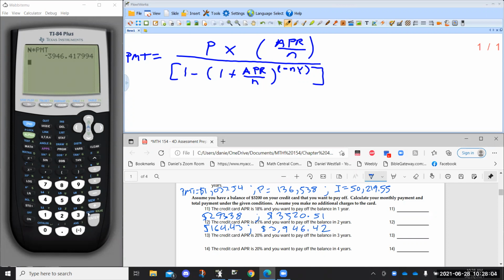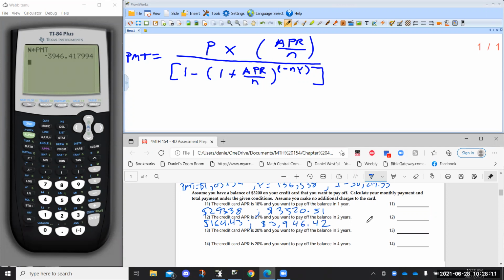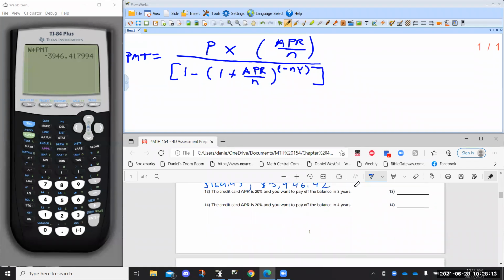That is 12. Scrolling on down here to number 13.